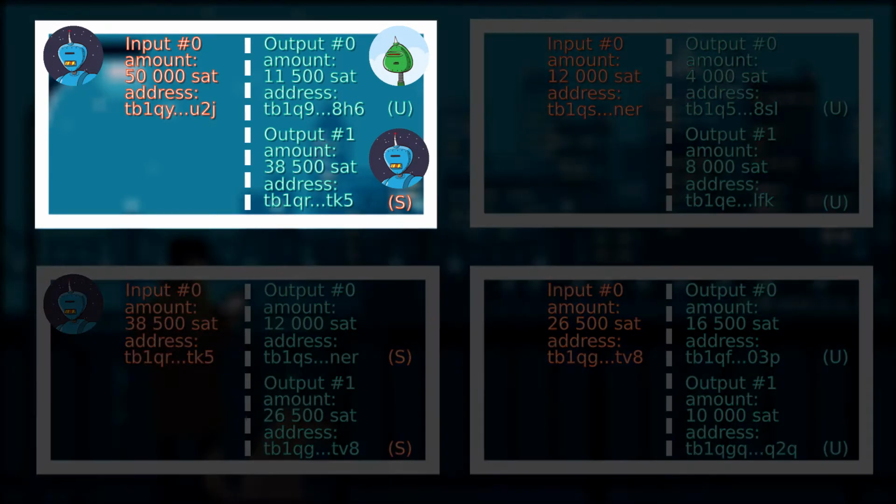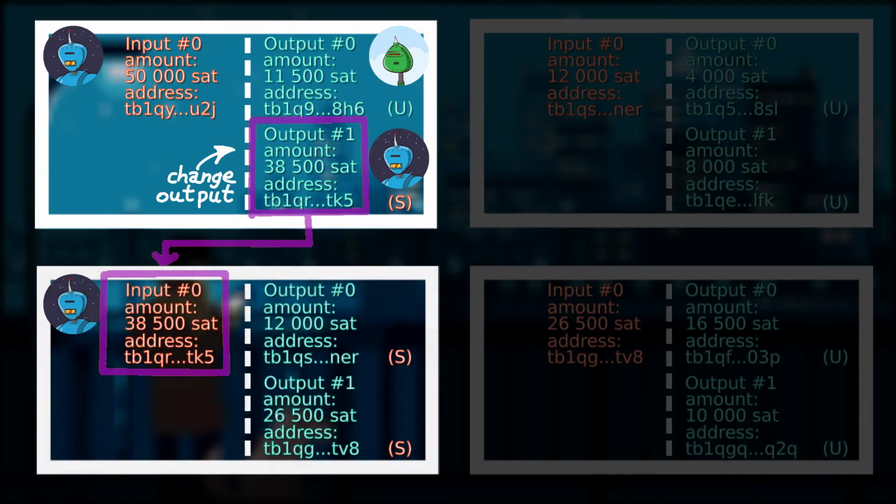At the very beginning, Q&A was paying me 11.5k sat from his 50k UTXO, and he sent the change to a different address which he owns, and we follow that change to a new transaction. A payment has been made, to whom we don't know, since it is not an address we have any information on.